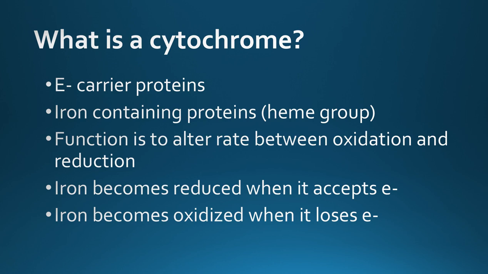With the heme group, the iron is reduced when it accepts electrons, and it's oxidized when it loses electrons. In your electron transport chain, there are several types of cytochromes that work in a series to allow that electron transport chain to occur.